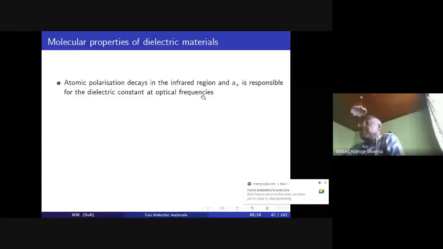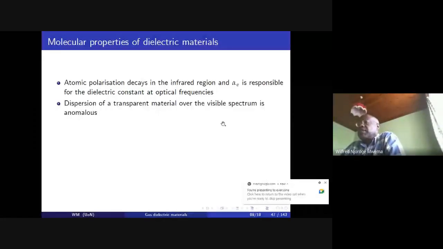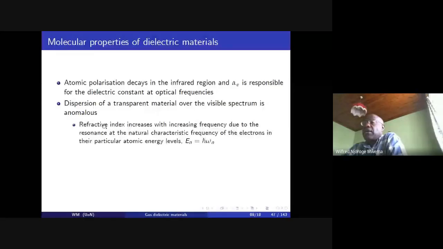So the atomic polarization decays in the dielectric constant at optical frequencies. This is the only polarization that can follow the field at that high frequency. Dispersion of a transparent material over the visible spectrum is usually called anomalous dispersion, due to resonance at the natural characteristic frequency of the electrons in their respective atomic energy levels, which we found from physical electronics to be given as E_n equals n h f.